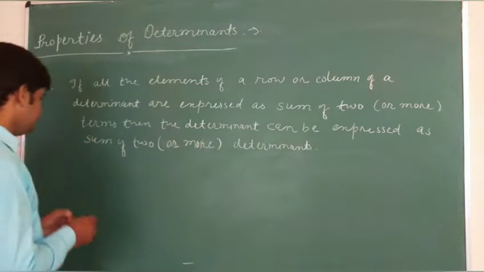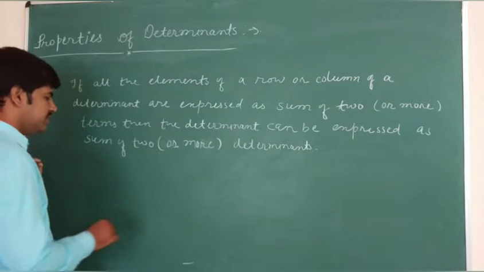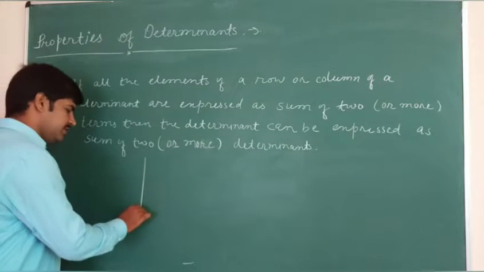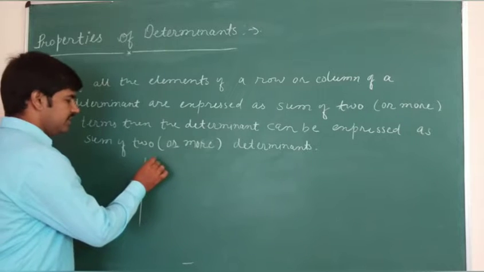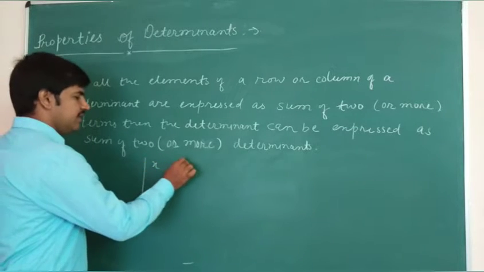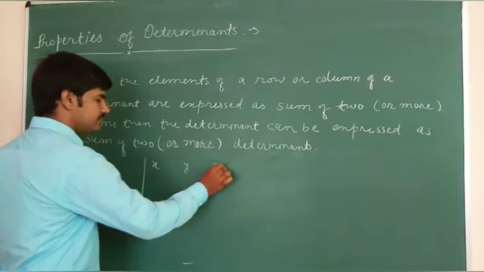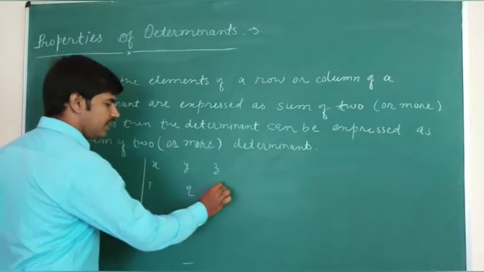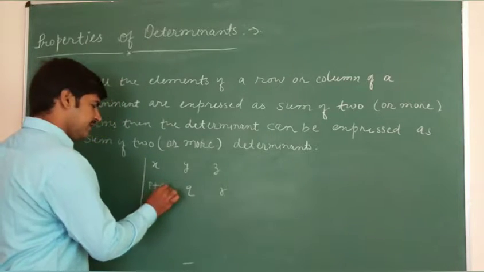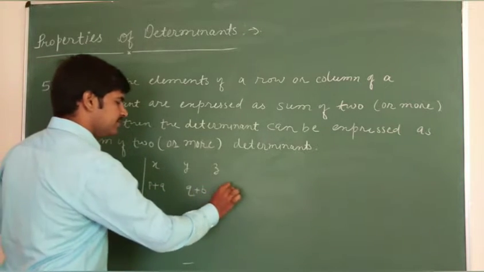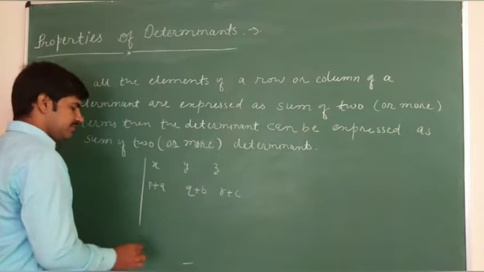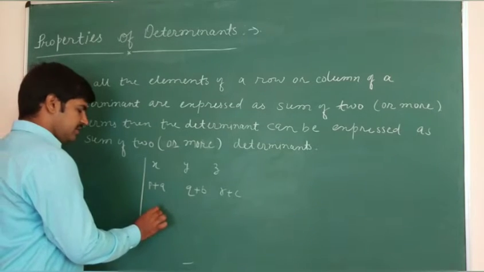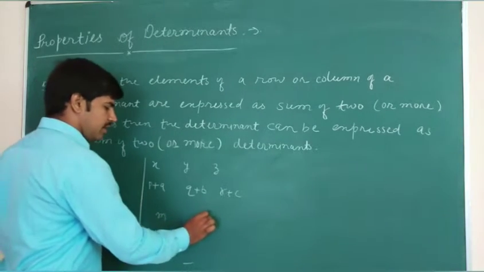Here I explain you by taking some examples, students. Suppose this is a determinant of order 3 and the elements are x, y, z, p plus a, q plus b, r plus c, and m, n, o.